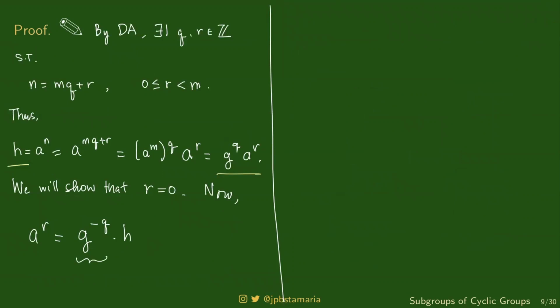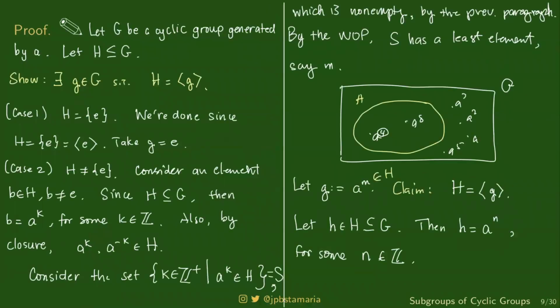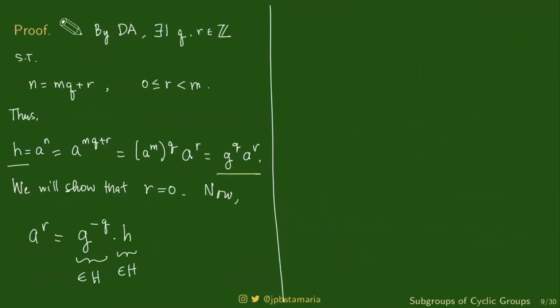So this whole power of g is in h, and as given, capital H is also in h. So this product, because h is a subgroup, must be an element of h. Right? So what did we prove? a to the r is in h.